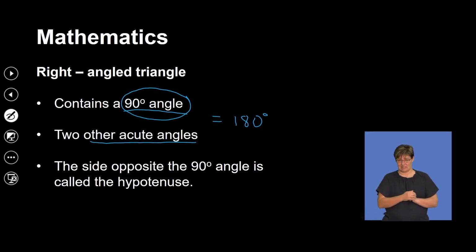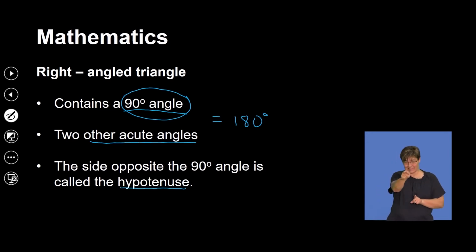Now, the side that is opposite this 90-degree angle is called the hypotenuse side, and it is also the longest side of the triangle. We're yet going to talk about all of that, but that's one side that you really need to make sure that you know. The only time I can say hypotenuse is if there is a 90-degree angle opposite that side.